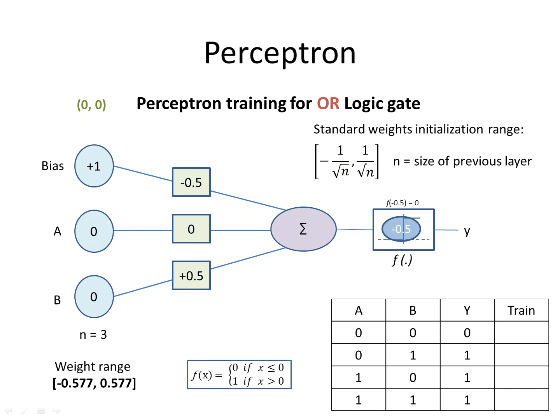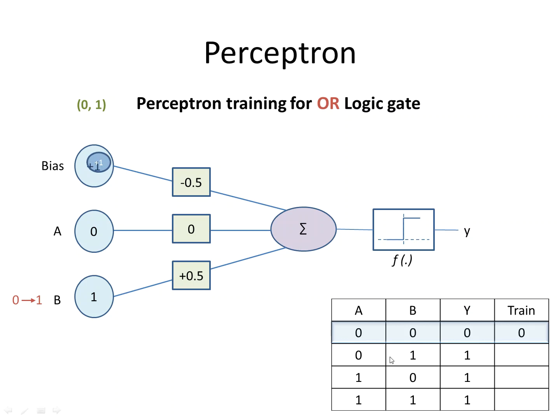As per this, f of x will be equal to 0 if x is less than or equal to 0. Here it is -0.5, so it will give me the output as 0. So it is fine for now. Now let's move ahead with the second input, that is 0 1.